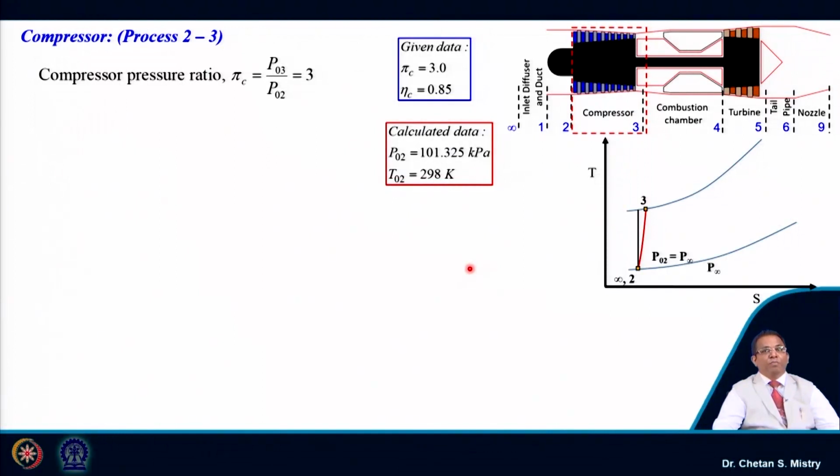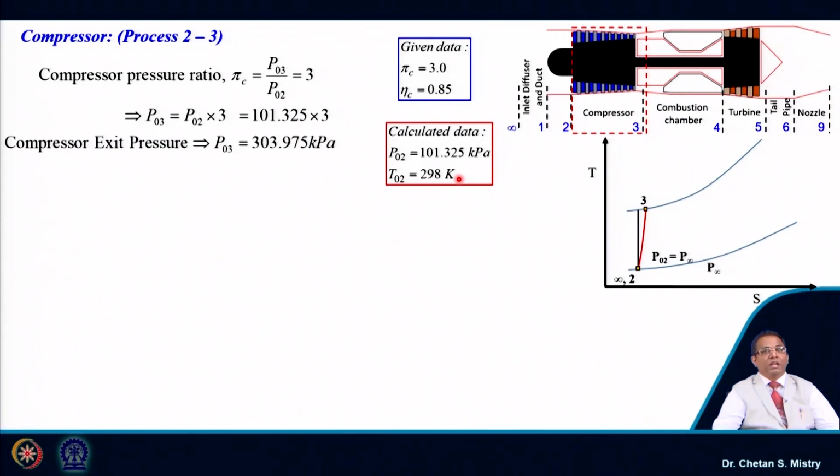The efficiency of the compressor is given as 85%, and we have calculated our entry condition, P02 and T02, the exit of my intake. Based on the compression ratio, we can calculate the exit pressure from the compressor, and this comes as 303.975 kilopascal.